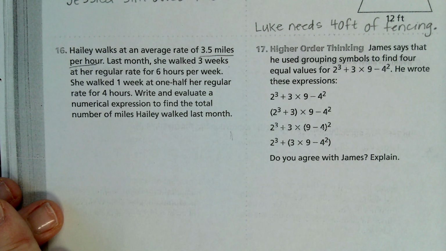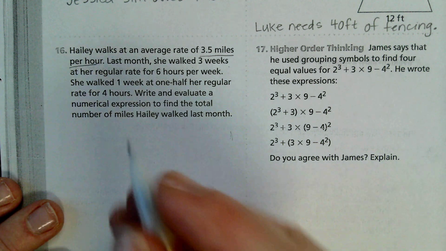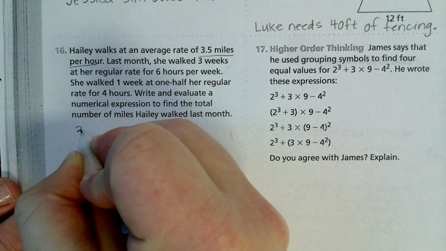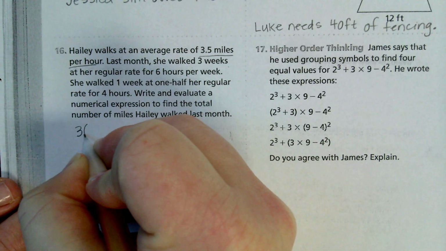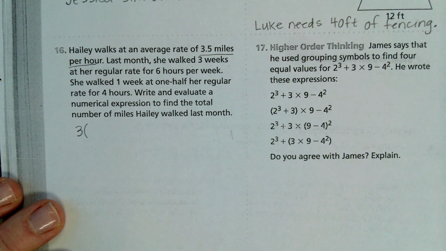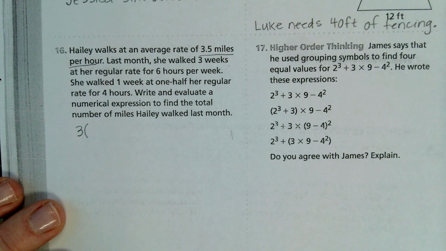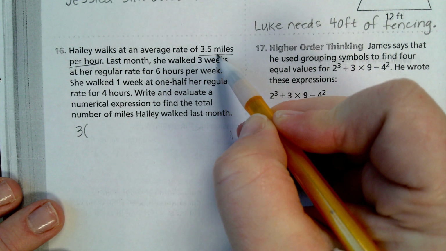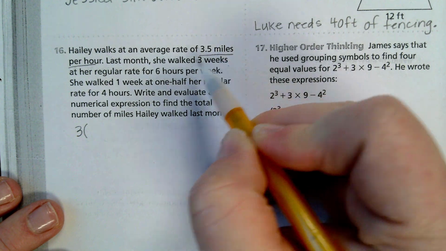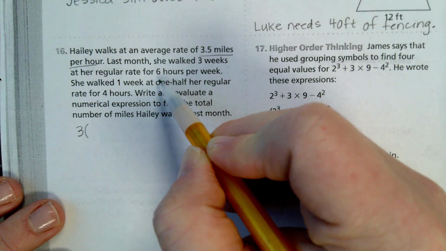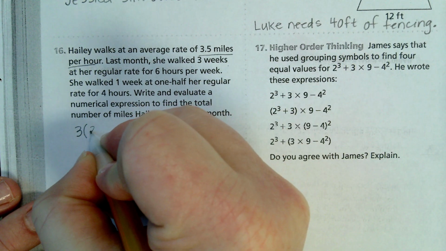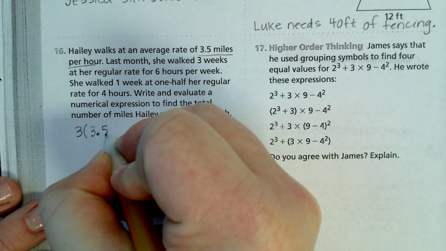So, how many weeks did she walk? So we're going to say 3 times, okay? How many miles does she walk per hour? And how many 6 hours. So we're going to multiply that. So 3.5 times 6.